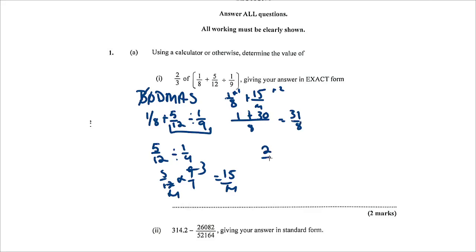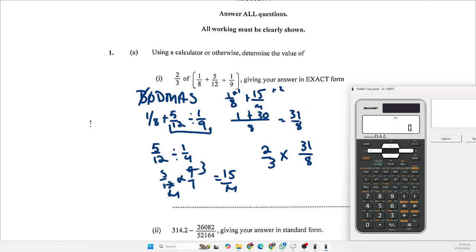Then we have 2/3 multiplied by whatever we solved for the bracket, which is 31/8. Now at this point, if you are not sure and you find that your answer looks weird, you can use your calculator.